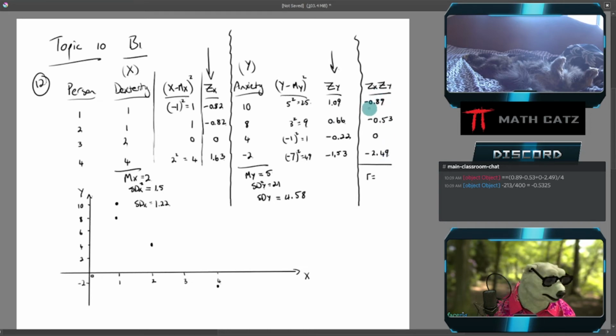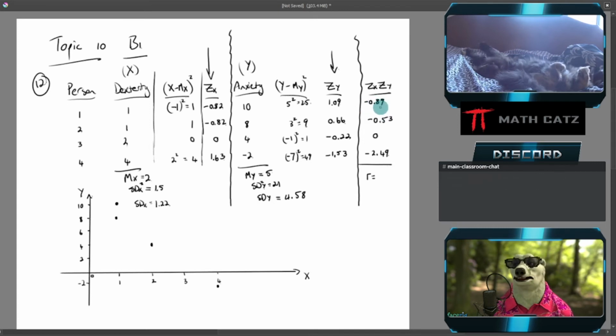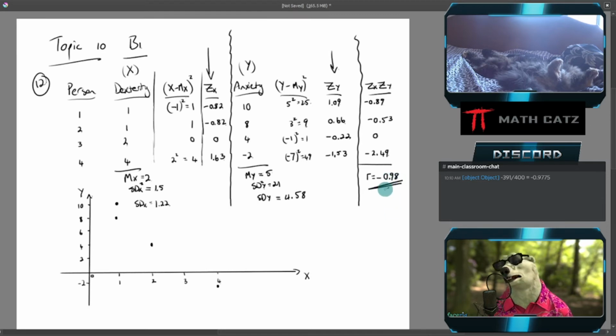So let's just check. It did show negative 0.89. And negative 0.53 and negative 2.49, which of course affects my calculation for the correlation coefficient. Changing it from a positive to a negative has a drastic effect. Then we get the much more correct negative 0.98. All right.